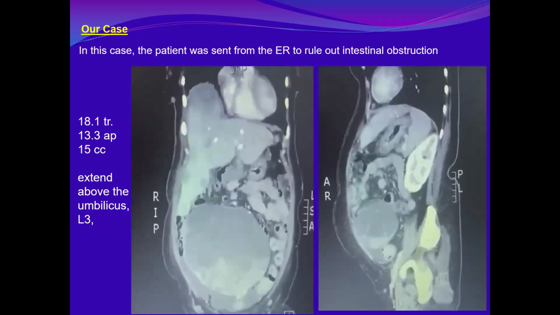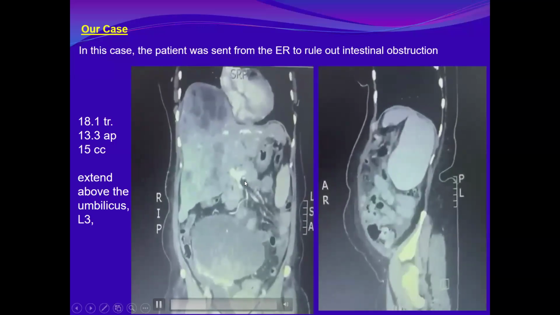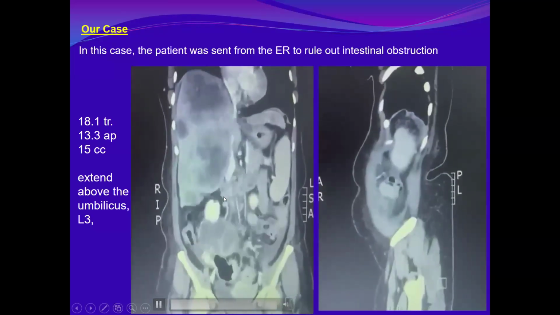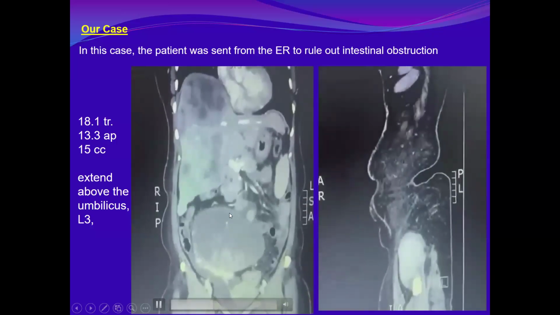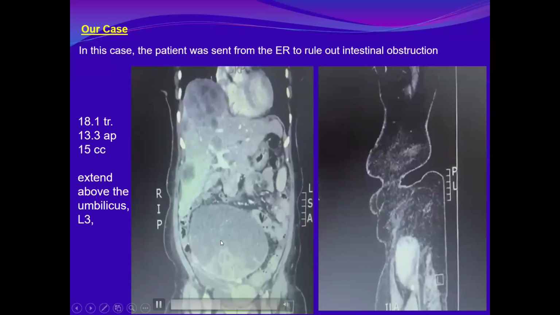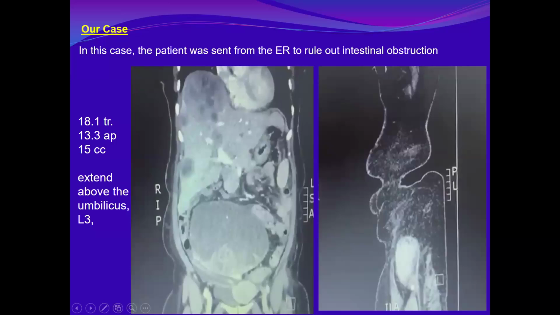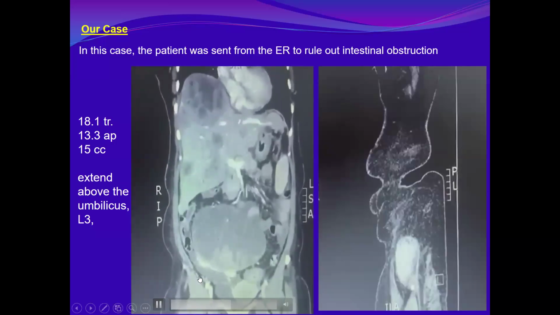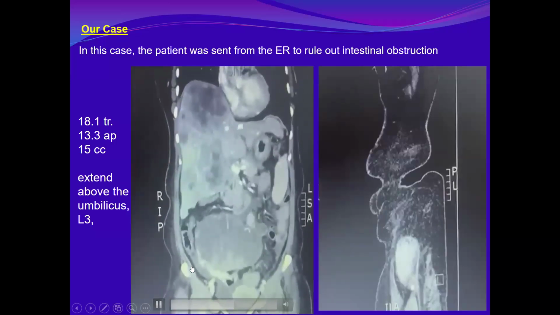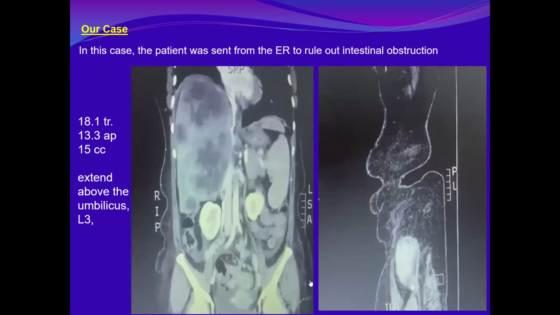And there are also vessels following the ovarian vessels, from the aorta coming down, supplying this mass. Also, here we can see associated thickening of the broad and round ligaments.